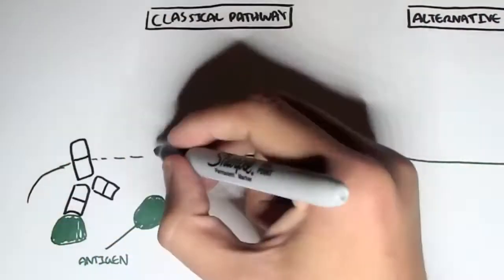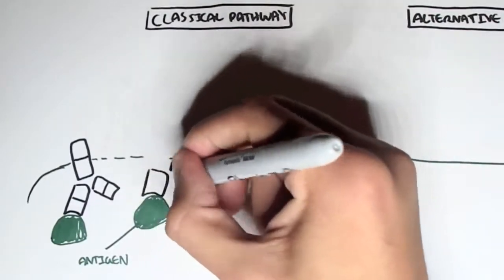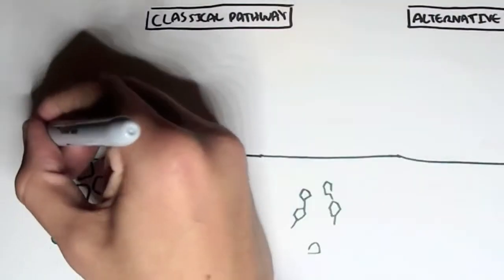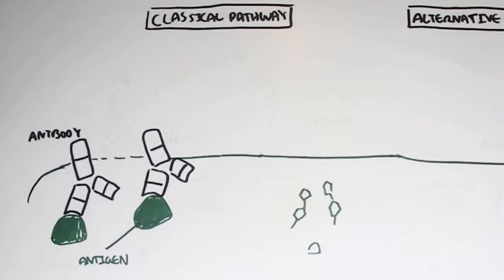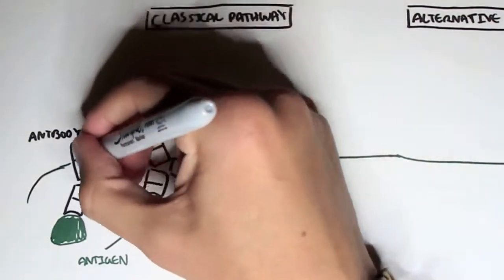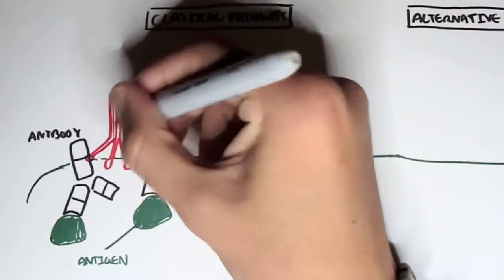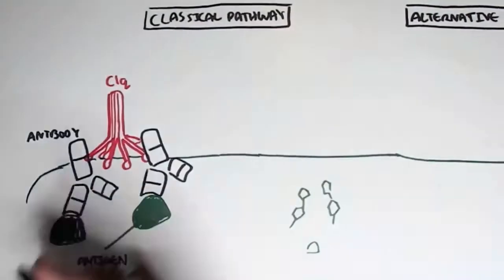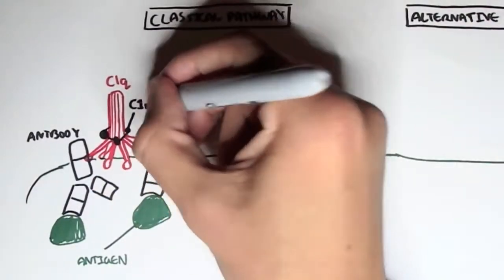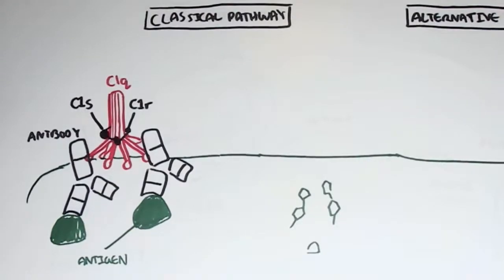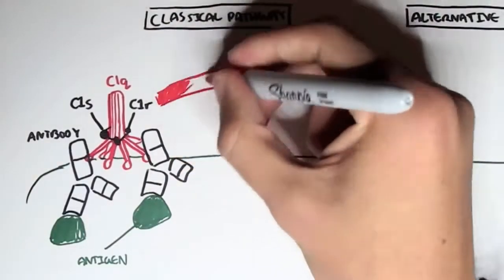Let's look at the classical pathway first. The classical pathway gets initiated or activated when antibodies bind to the antigen of a pathogen. And then when this happens, complement proteins composed of C1q, C1s, and C1r bind to these antibodies. Well, actually C1q binds to the Fc portion of the antibody.